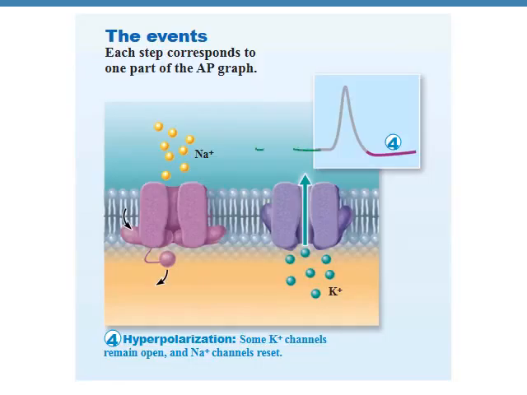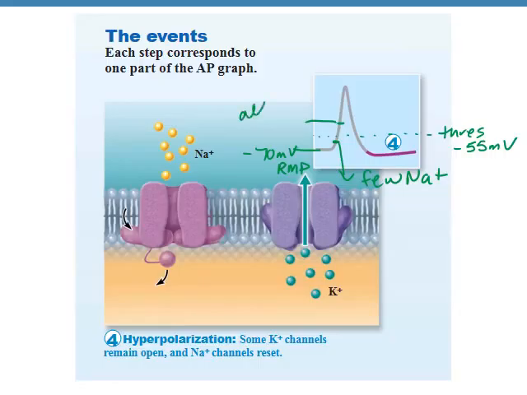So this would be the -70 millivolt resting membrane potential. Let's say threshold is about here, and threshold is if we get above, say, -55 millivolts. This area right here is when a few sodium gates are open. Once we reach threshold, all the sodium gates open, and we generate our action potential.